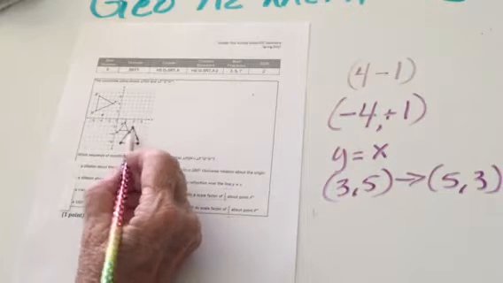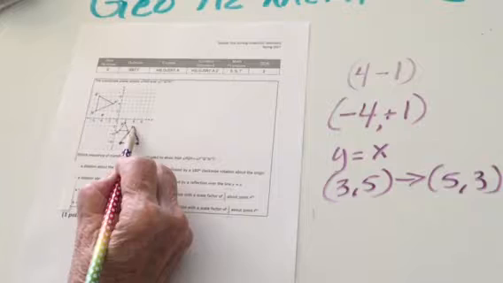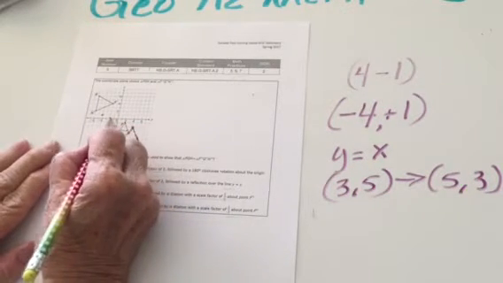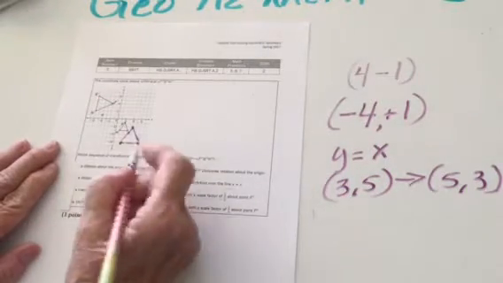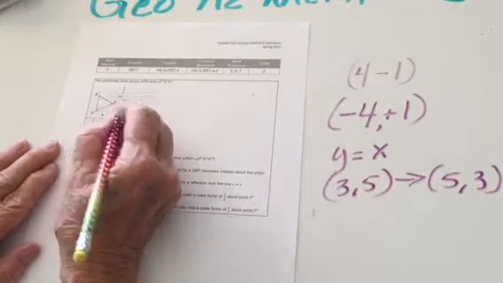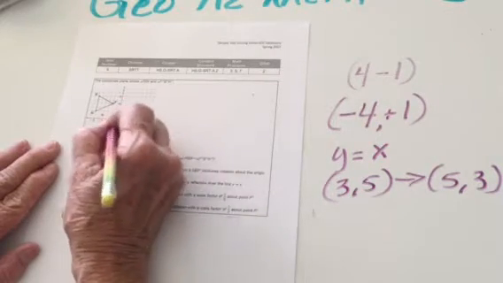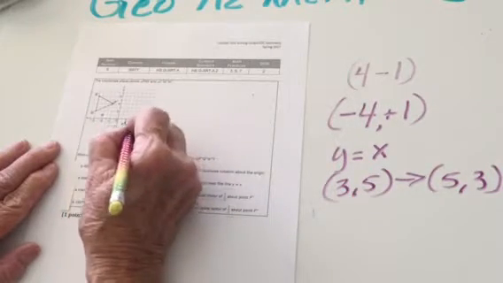Now, what have I done wrong? If this is going to be 4, negative 2, then it's just going to be negative 2 and positive 4. And then you'll find that's where it is. See that? So I know that it has gone over the y equals x line. It's reflected right over that line.